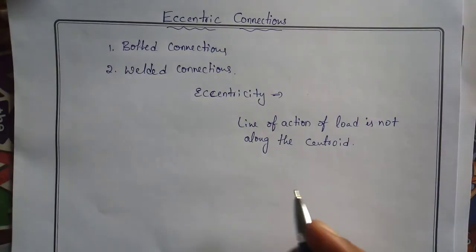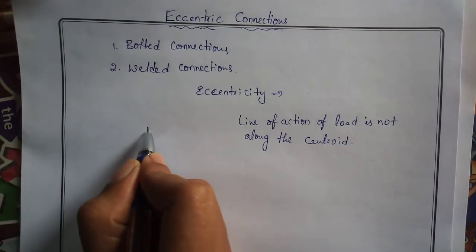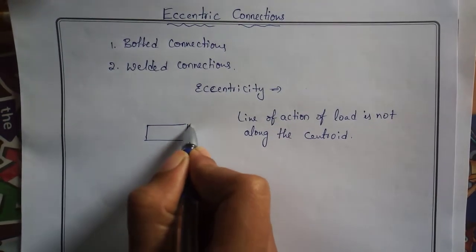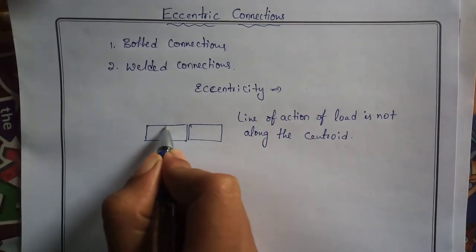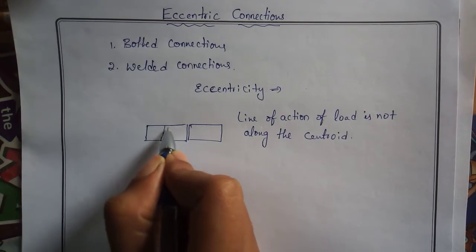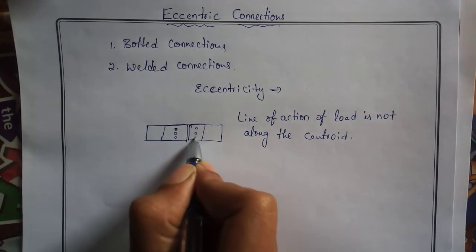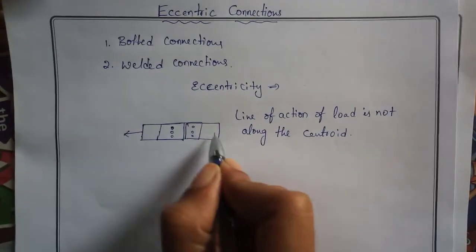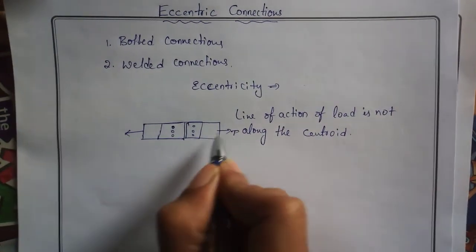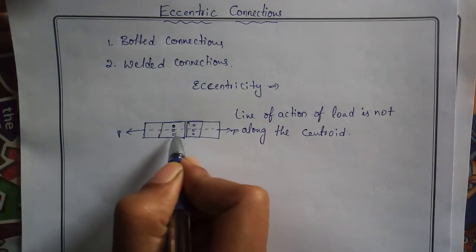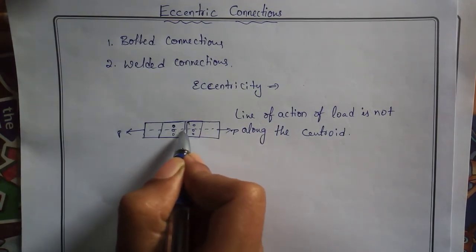So if you observe the previous case, just like butt joints or lap joints, whatever we have connected earlier using bolts and welds, there these kinds of external loads were there. So the line of action is about the centroid.